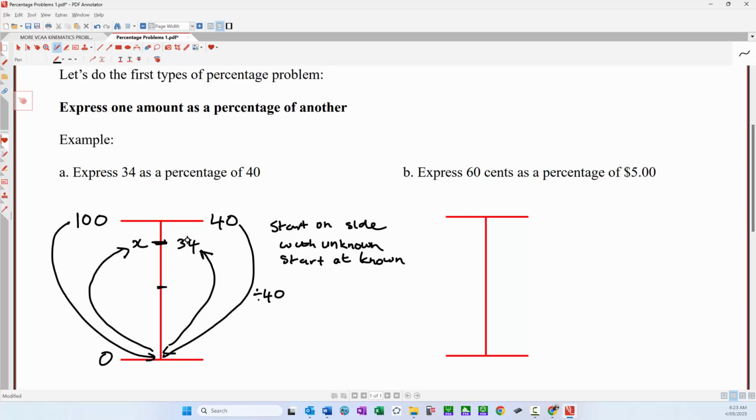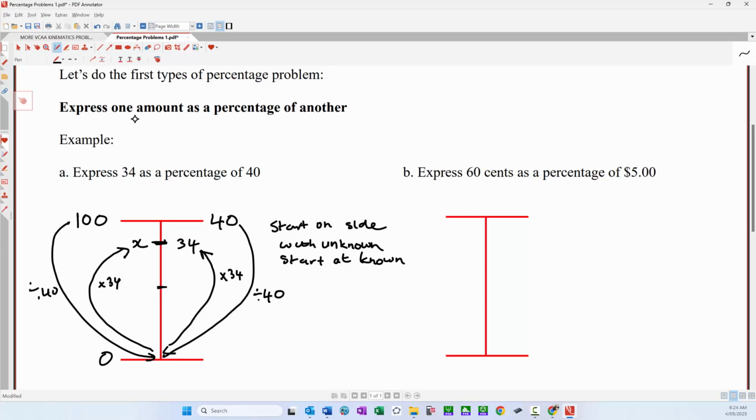So we're at 1 and we want to get to 34, and the way we get there is we multiply by 34. Almost there. Now you copy these same numbers over to the arrows here. So this arrow here is going to have the divide by 40 on it, and this arrow here is going to have the multiply by 34 on it.